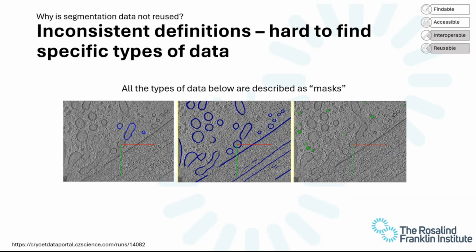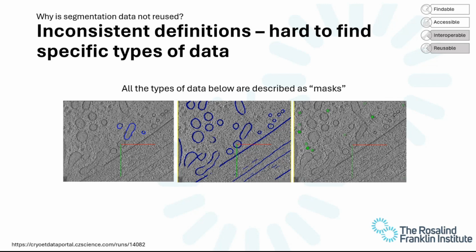So the first one could have been a manually annotated part of a membrane that might be interesting. The second one could be a prediction. I don't know if it was manually corrected or not, or how it was made. And the third one, which is maybe the most dangerous one, is that these are particle picks, which people from the single particle world or the subtomogram averaging world would be very familiar with, but people who might not have done this before might mistake this as a segmentation of something really small.